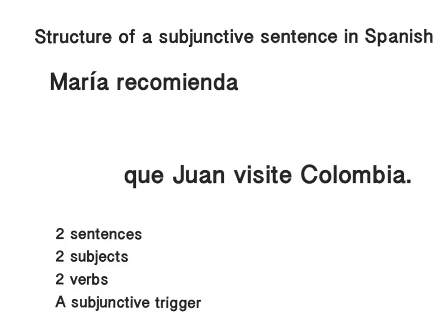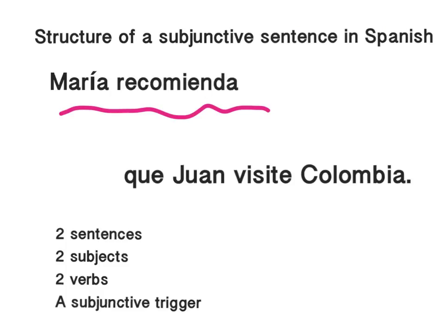First is the first one. María recomienda que Juan visite Colombia. Now, actually, we don't have one sentence here. We have two sentences. This is a compound sentence. We have the main sentence or the principal sentence, which in this case is María recomienda.